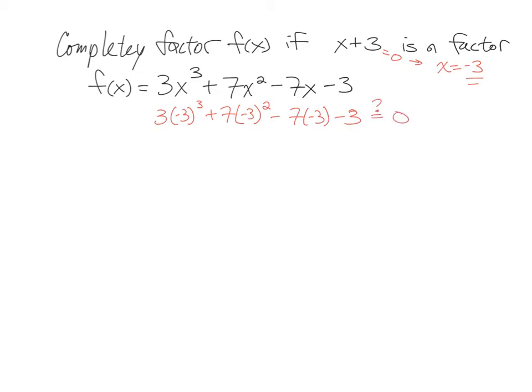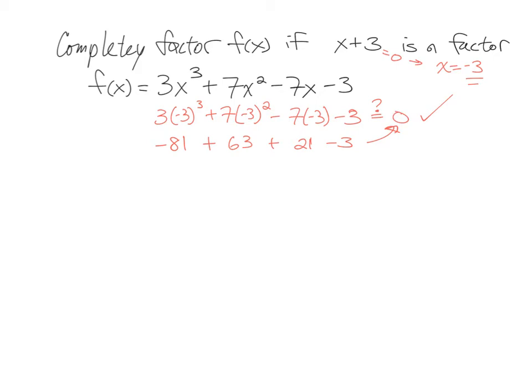Let me verify that very quickly. So when you multiply all this out, 3 times -3 cubed, you have to cube the -3 first, then multiply by 3, you get -81. This gives you 63, this gives you 21, this is of course -3. Add these together, it's 84, subtract 84, you get 0. Okay, so yeah, for sure, x plus 3 is a factor.